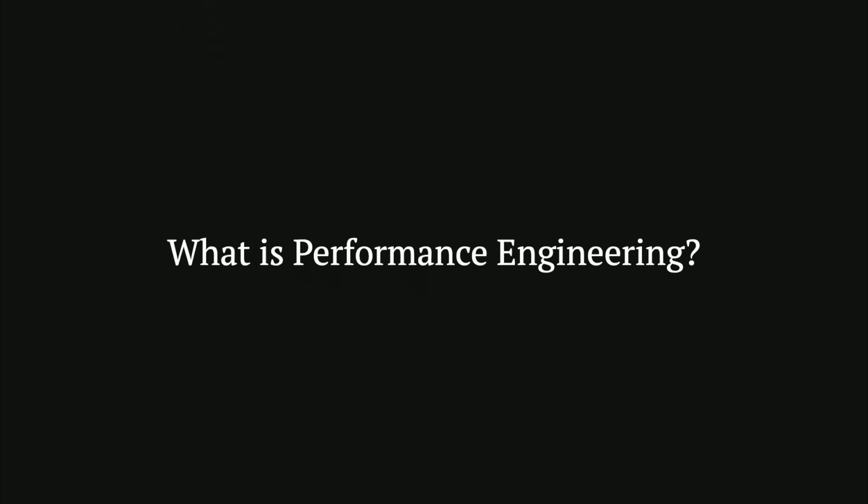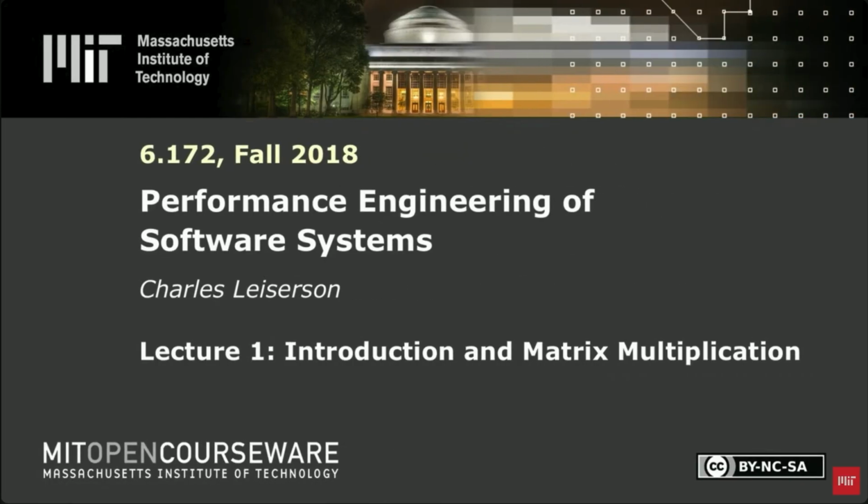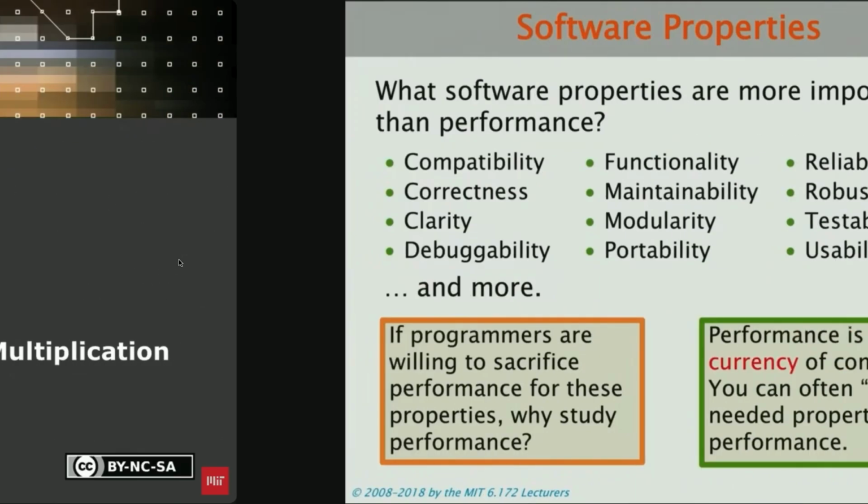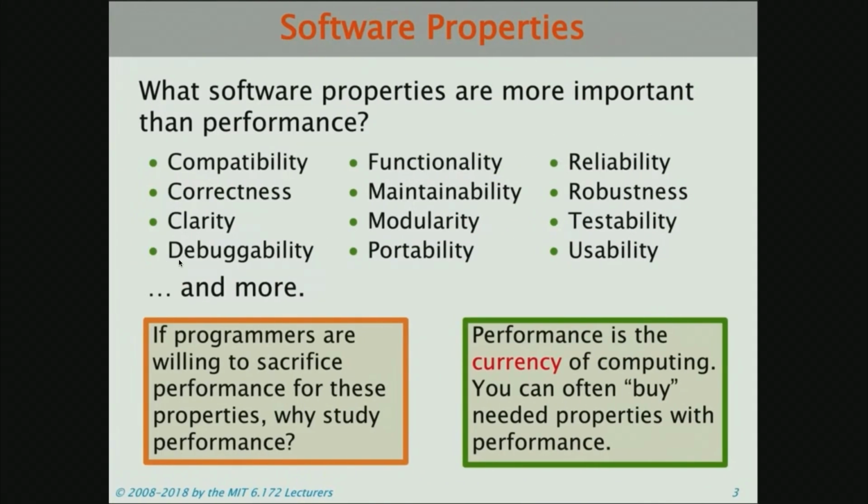So what is performance engineering? The first thing I did to understand it was to watch MIT OpenCourseWare, where there's a class called Performance Engineering of Software Systems. On the first few slides, there is a really interesting question about what software properties are more important than performance.